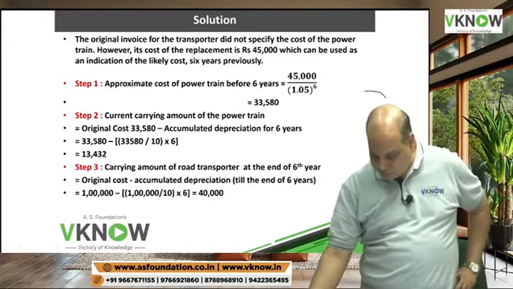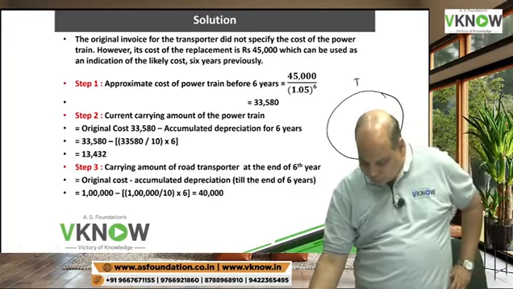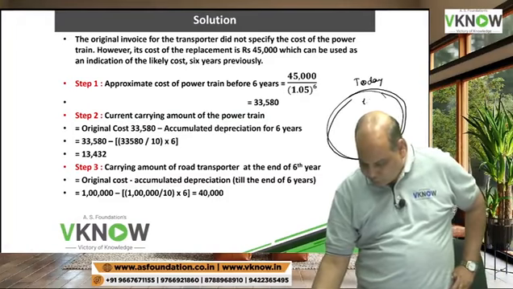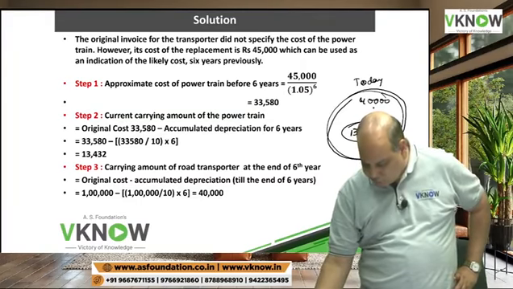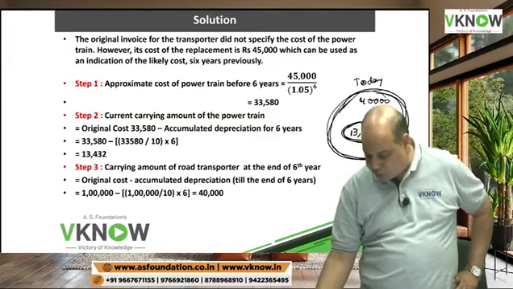Now understand, today, that is after 6 years, 40,000 is the value of this entire transporter and it contains a small power train part which is 13,432. 13,432 is a part of this 40,000.